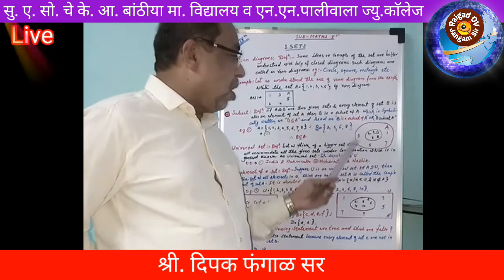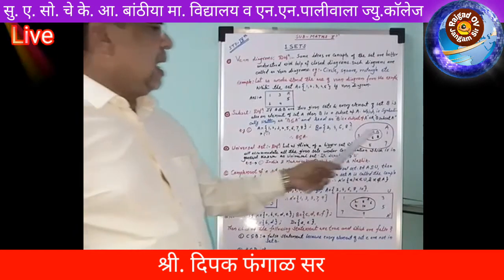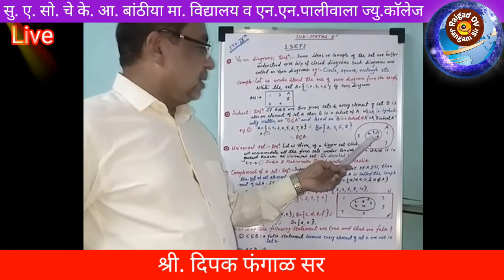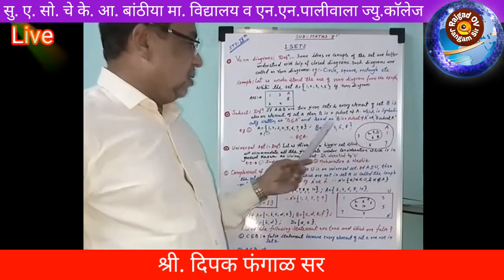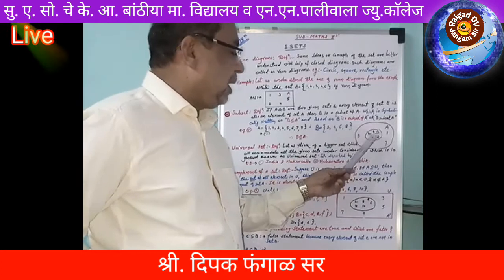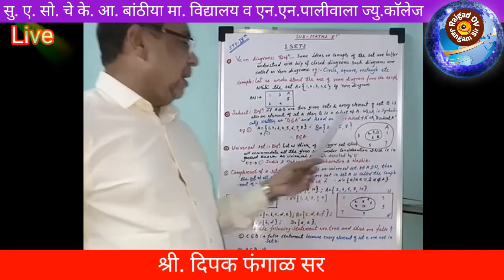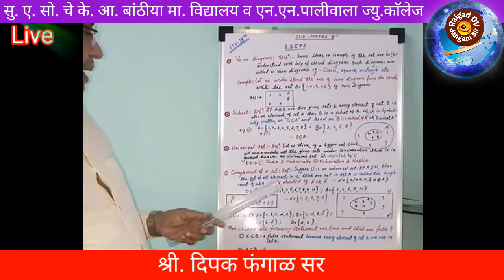It means that all the elements of B are in set A, hence B is a subset of A.